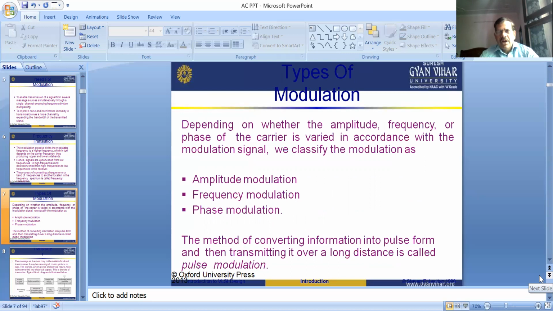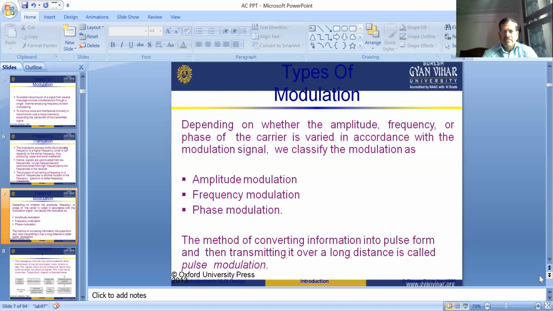Next, we come to the different types of modulation process which are generally used in transmission or communication systems in the communication engineering field. So depending on whether the amplitude, frequency or phase of the carrier, it means that the modulation process depends on the amplitude, frequency and phase of the signal.